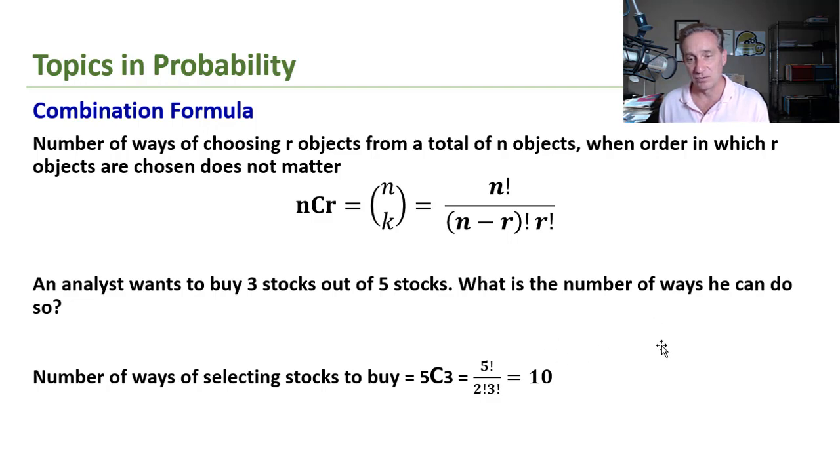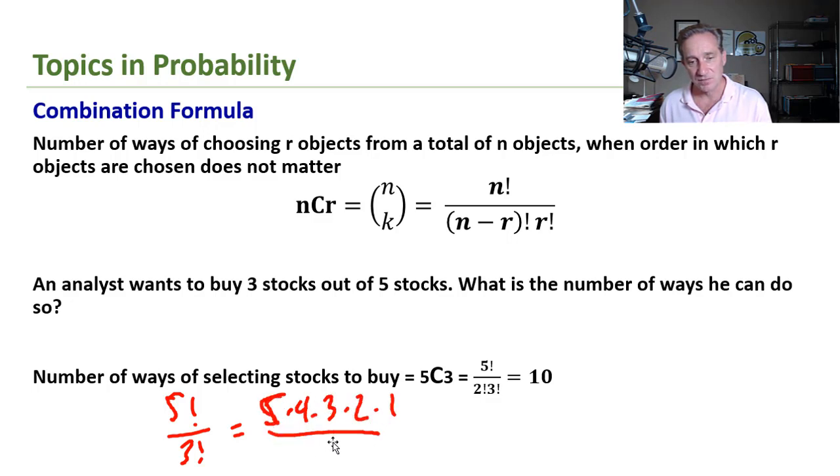Right, so if I have 5 factorial over 3 factorial, let me write that over here. We know the 5 factorial is 5 times 4 times 3 times 2 times 1, and the 3 factorial is 3 times 2 times 1. And so these cancel.